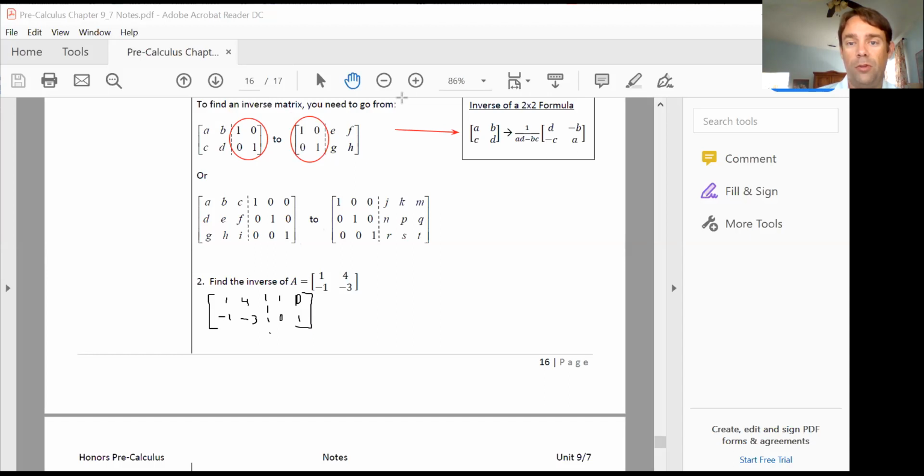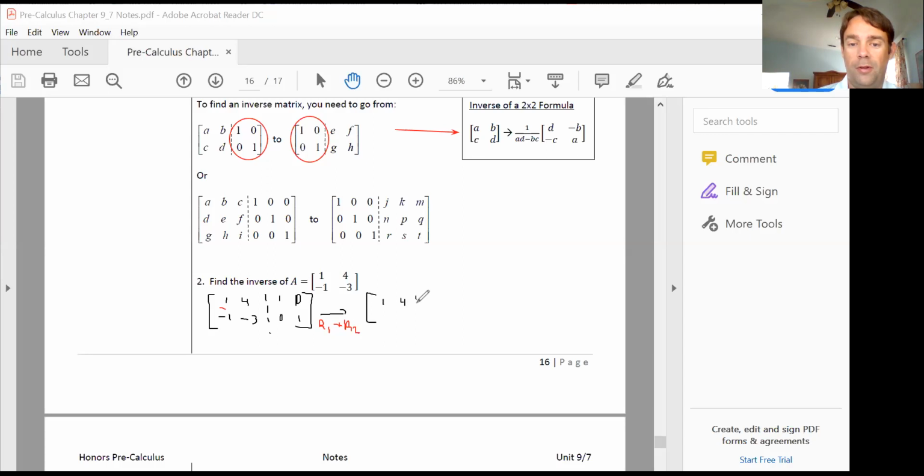So good news here with my row reduction. Thank goodness, I already have a 1 here, so this is already going to be a little bit easier. Remember my 3 rules. I'm going to add my first row to my second row and replace the second row. So row 1 plus row 2, we're going to just add them up here. When I do that, this row stays the same.